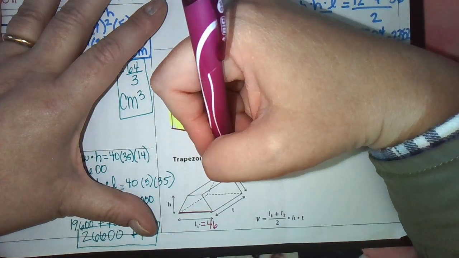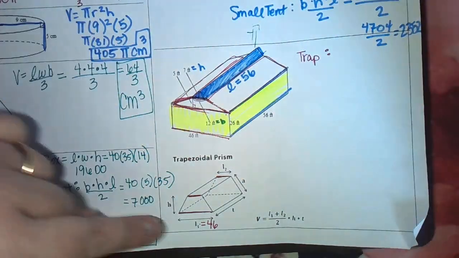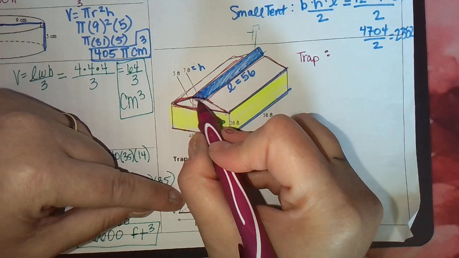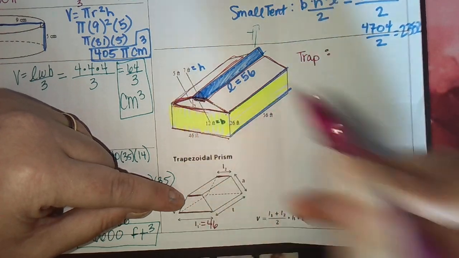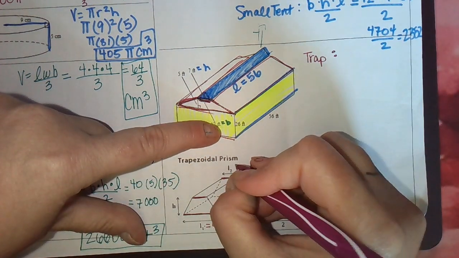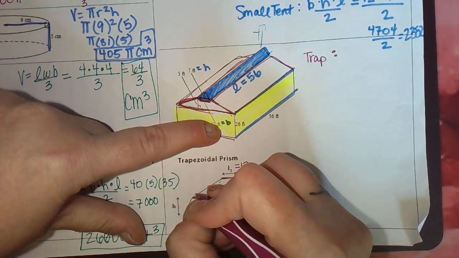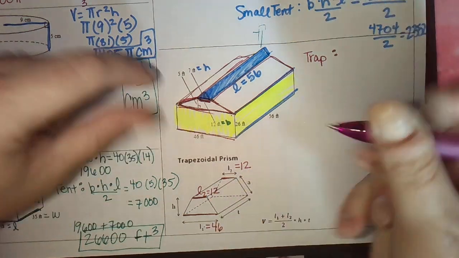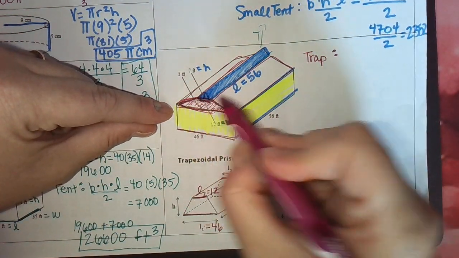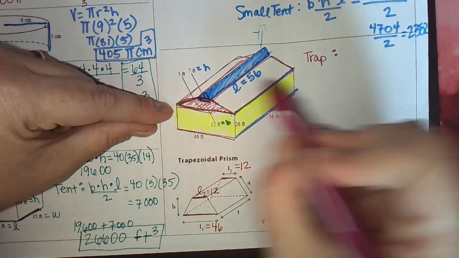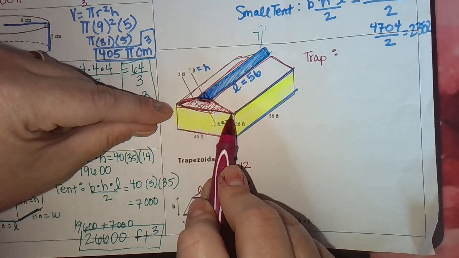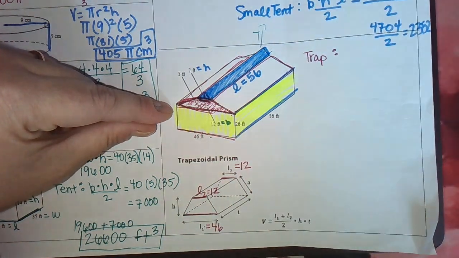L2 is how long the top of that trapezoid is. Did they tell us? I think they said 12. So if we're looking at this shape right here that I'm coloring pink, the top is 12 long because it points to it. The bottom is 46 long because it's parallel to that bottom piece.